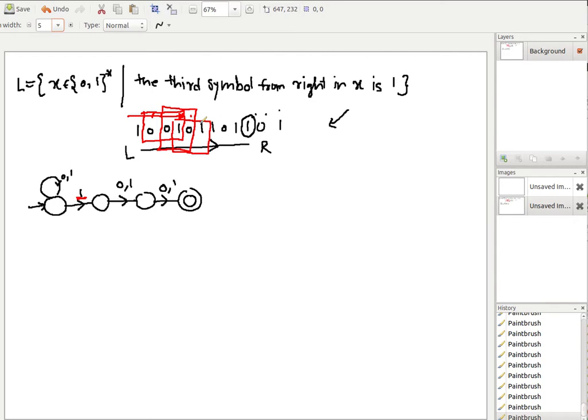At least 8 states will be there, right? 8 different possibilities. If I have to write, it will be 000, 001, 010, 011, 100, 101, 110, 111, right? All possibilities, 8 different possibilities.